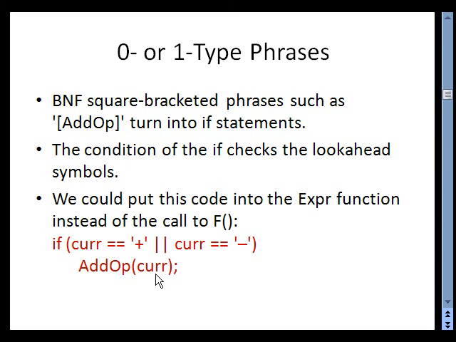That's what f did. So now we've eliminated the call to f and just put this code right into expression. When you call functions, you get a bit of overhead because the system has to set up the activation record on the runtime stack, and things will just be a little bit faster if we get rid of function calls where we can.